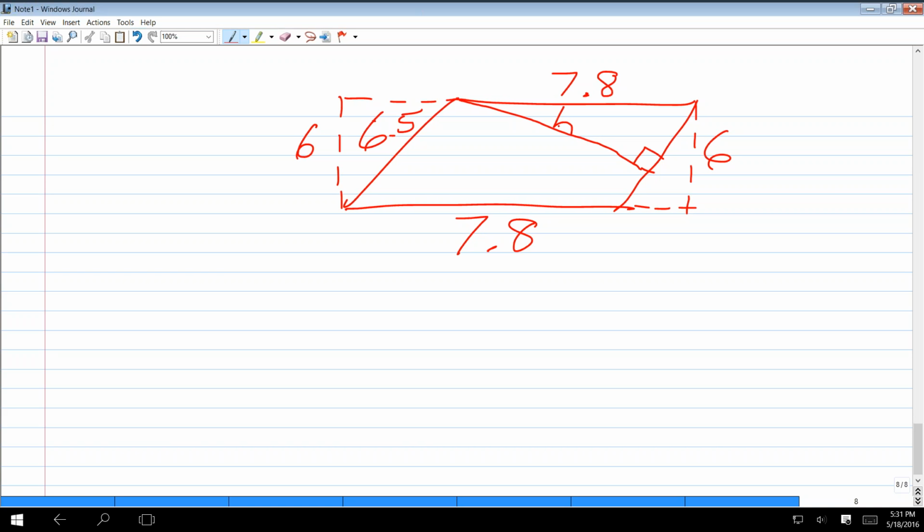But in order for us to calculate h, we're either going to need this side or we're going to need one of these angles. If we knew one of these angles, then we could use a trig function to calculate h. In other words, if we knew that that was like 52 degrees, we know how to solve it. The question is, I don't know how we solve for that angle.